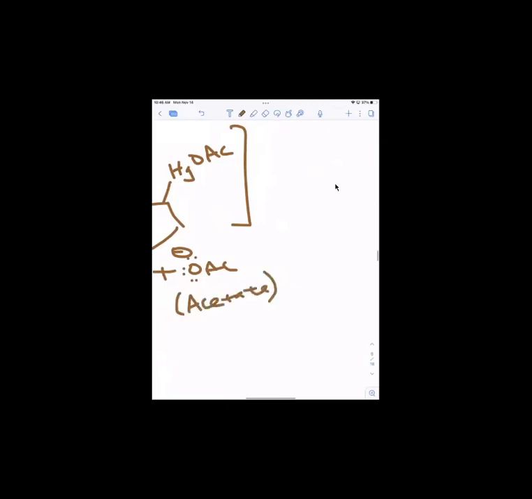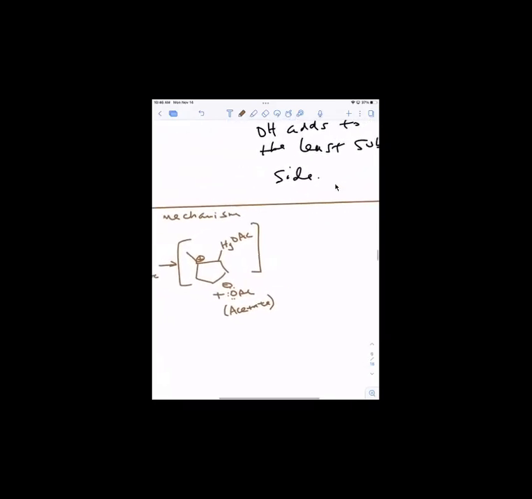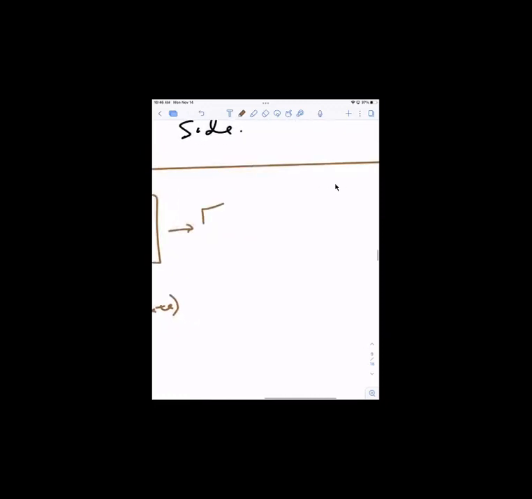It's just kind of hanging out here for now. Right, so mercury can actually cyclize here. So this is going to cyclize, and you get another intermediate that looks like this. So Hg, OAc, and now this is positive.